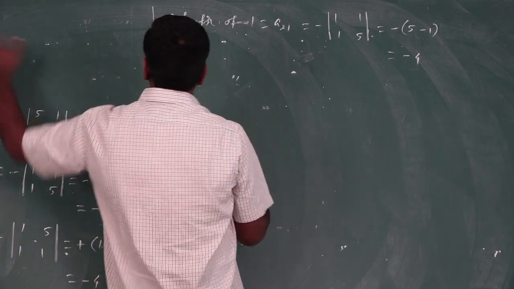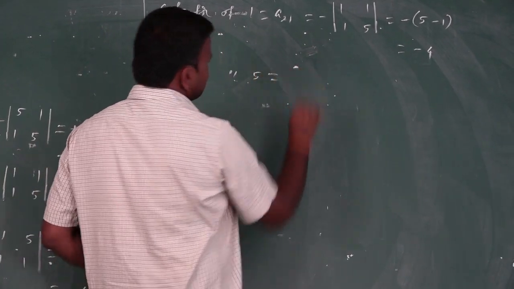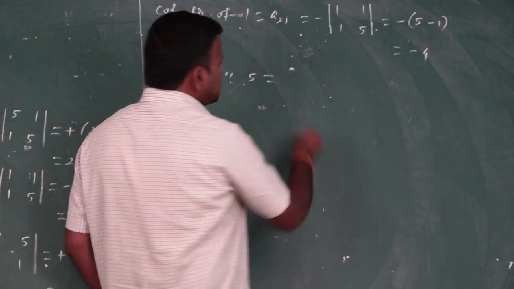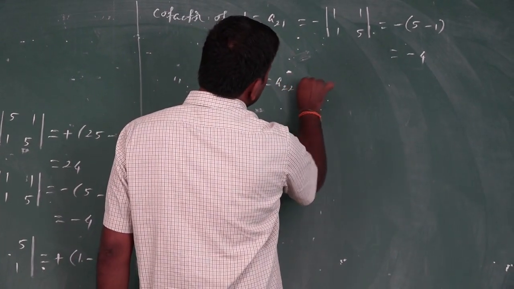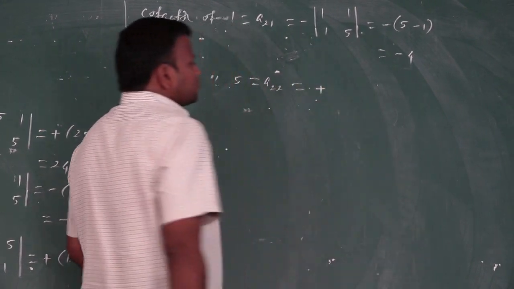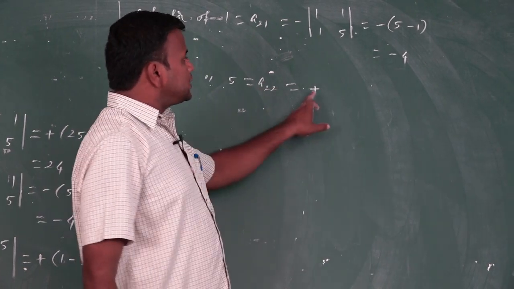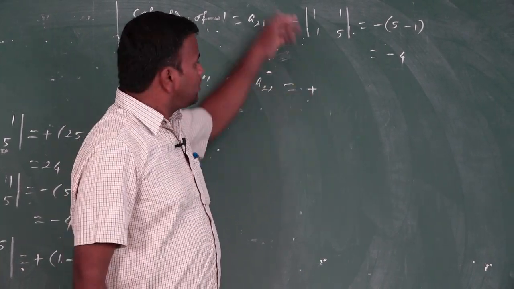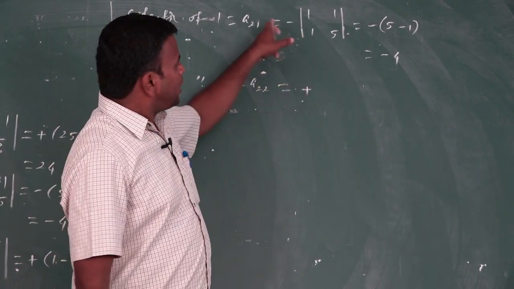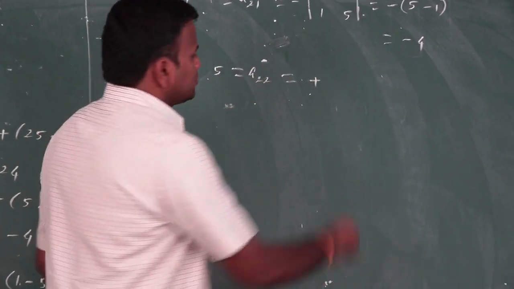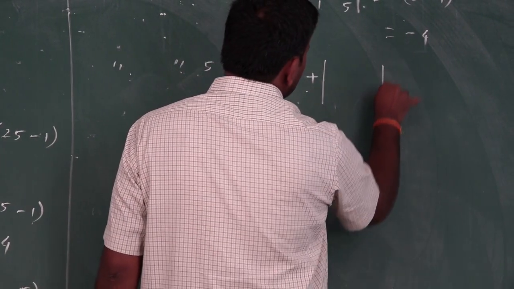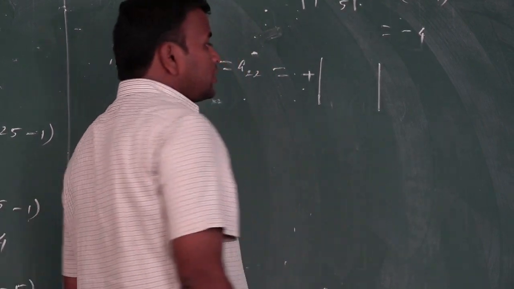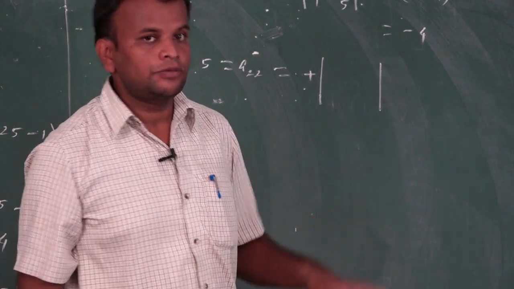The cofactor of the next element, 5, whose place value is indicated as A22. The A22 sign is plus. Okay, plus and minus come alternately. After minus, we put plus. Important: we put the determinant symbol, it is not a matrix. Okay, it's a determinant.